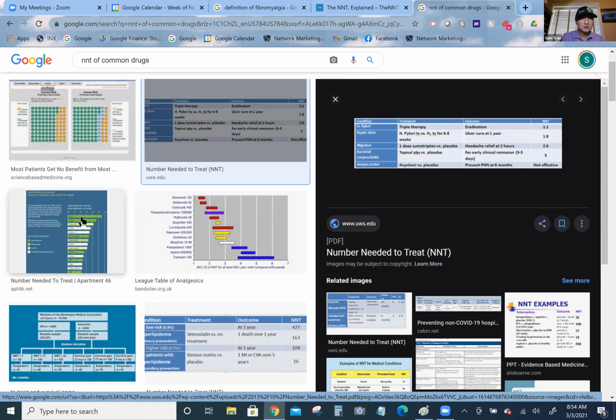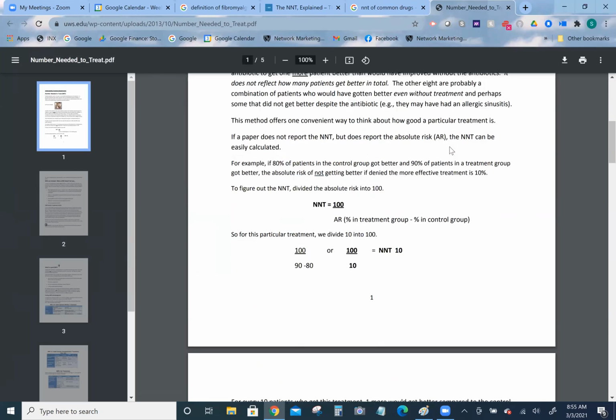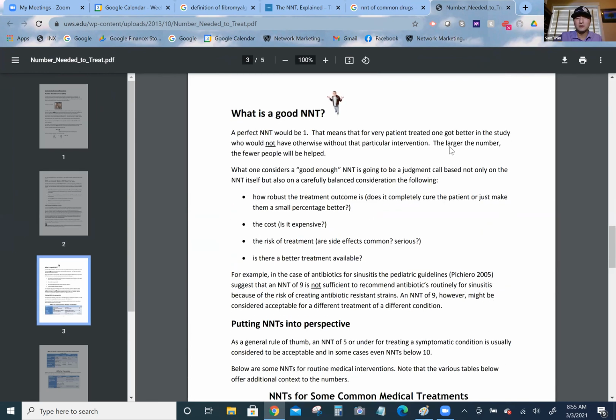NNT. These are way too small. Can I make this larger? Yeah. There's so much stuff here. Where's that chart? Oh, here it is. Okay.